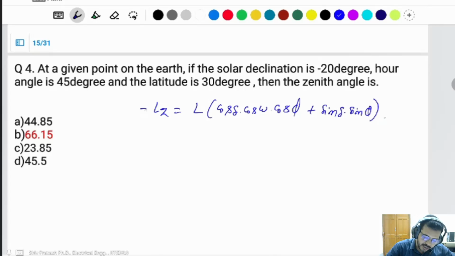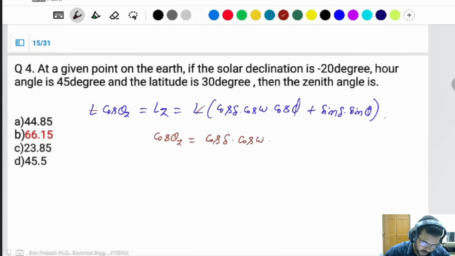And L cos theta z is the zenith angle, so all L will cancel out. Cos zenith angle will be cos declination angle into cos hour angle, and cos phi is the latitude.